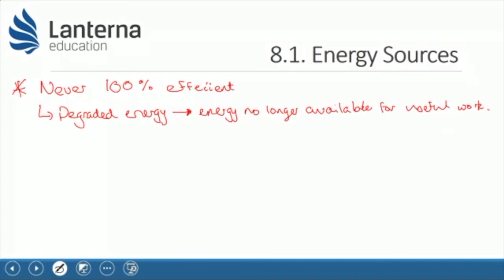So a good example of degraded energy, if I'm thinking about producing electricity from a wind turbine, then any heat loss from friction, for example, cannot become electricity.